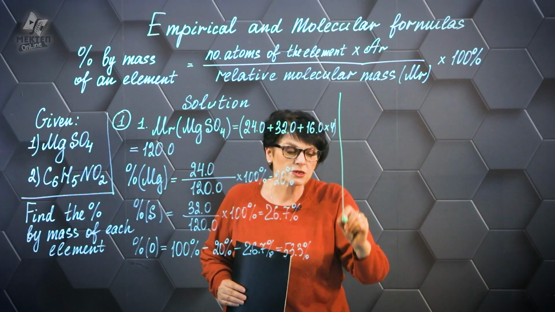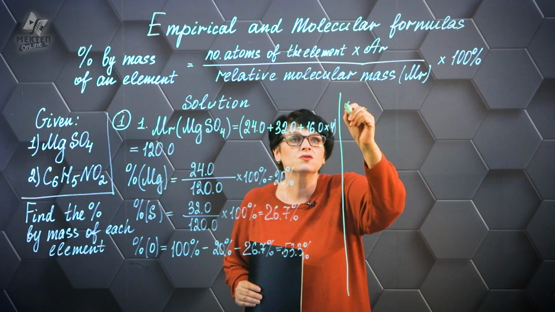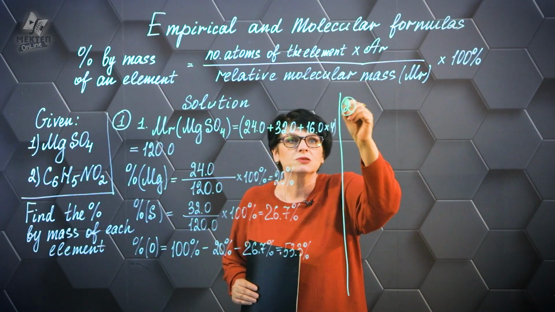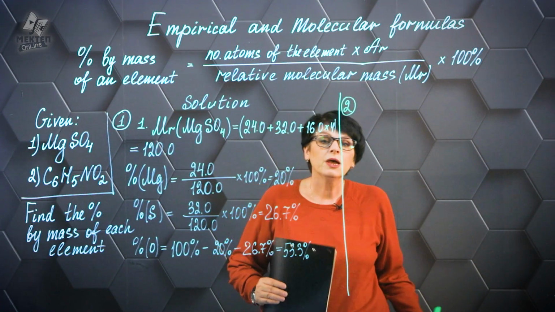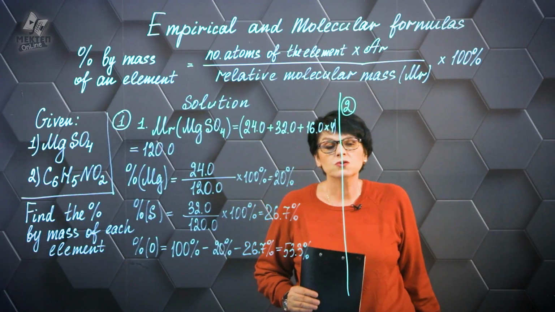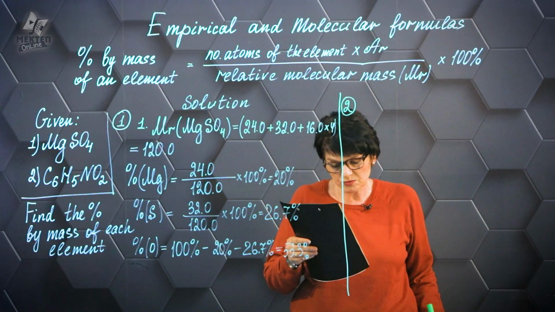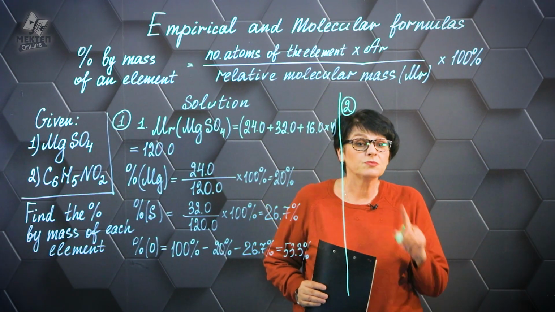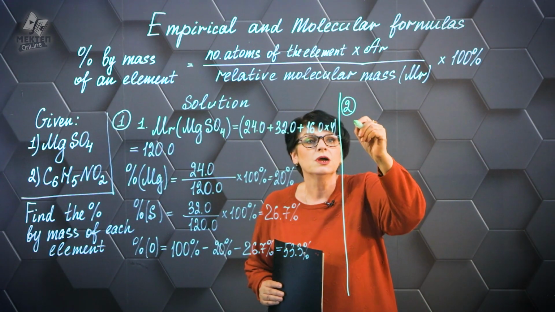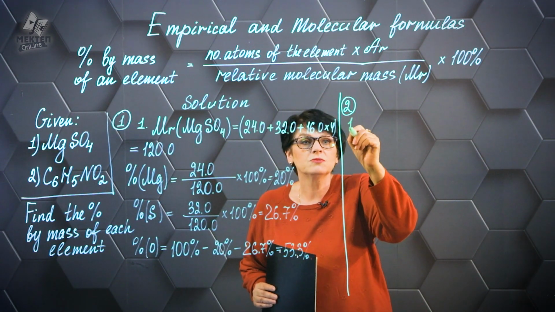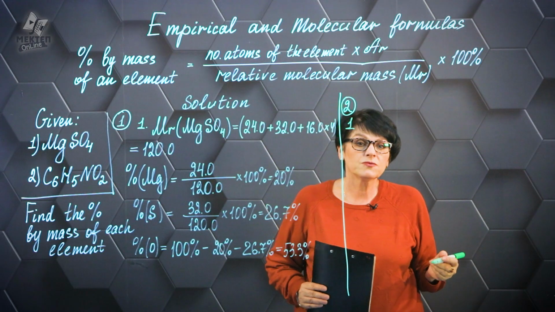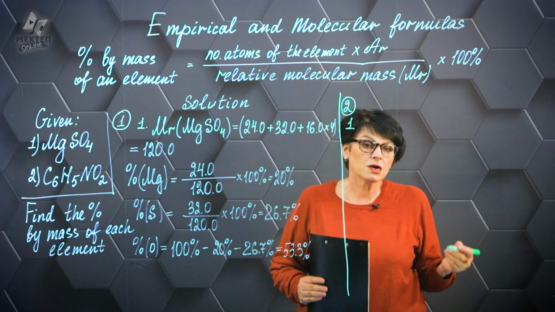Now let's do a similar calculation for the second formula. But it is more complex because it contains more elements. So we will carry out the calculation with precision up to the decimal point. Let's now have 2 decimal places. Depending on the required level of precision, this is usually specified.